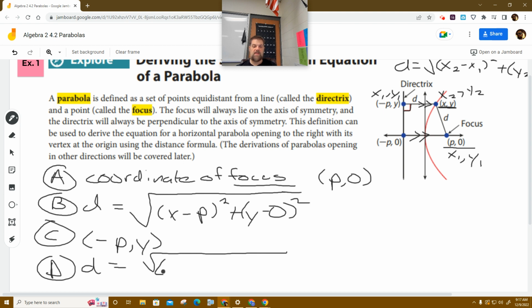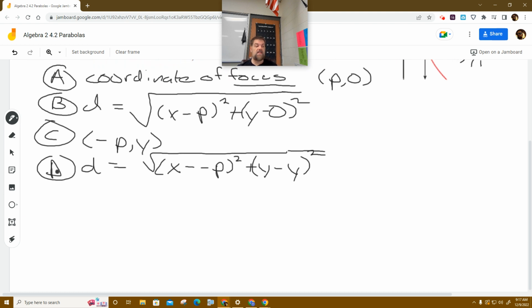So in that case, I'm going to say x minus p squared plus y, right, minus y squared. Okay? And that's an interesting dynamic. So now, this, for part E, d has to be equal to d.